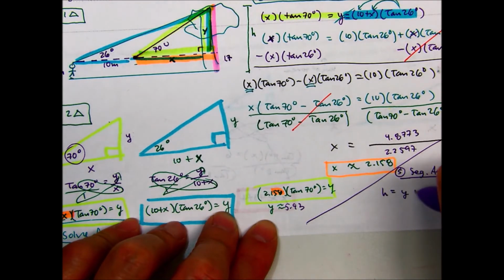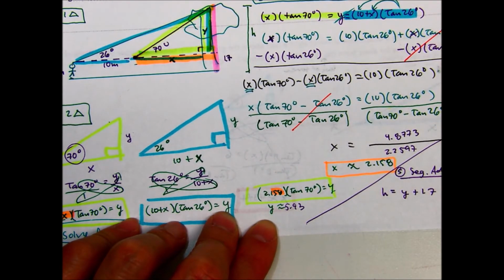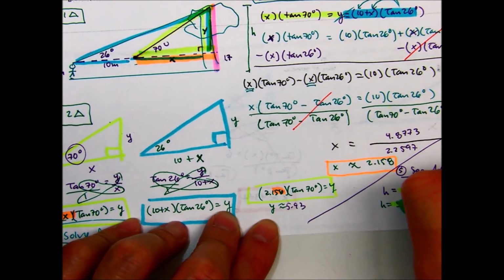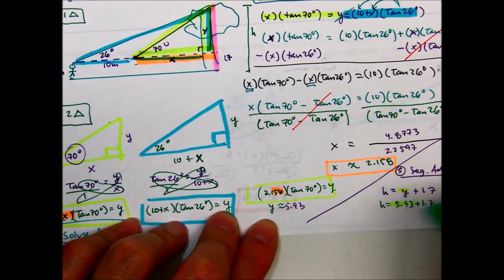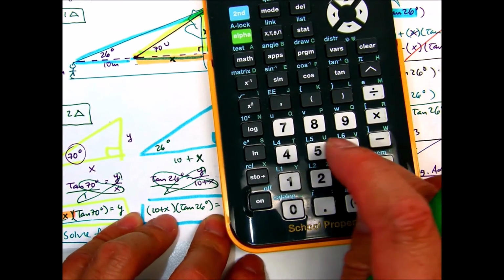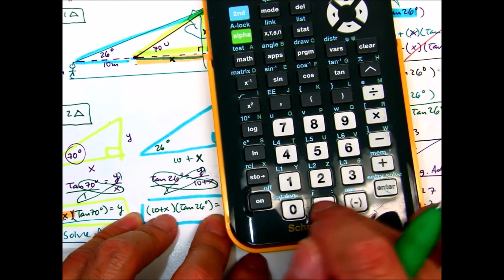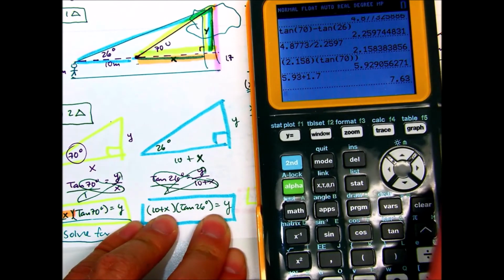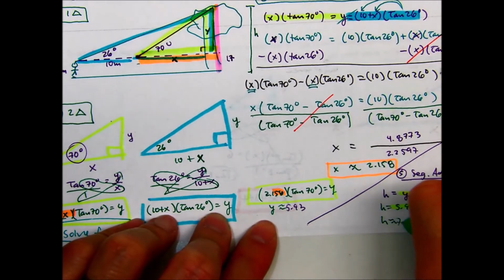And so the y variable is equal to 5.93. So then if I add this together, and then I round to the nearest meter, 5.93 plus 1.7, I get 7.63. Then rounded, that would give me approximately 8 meters.